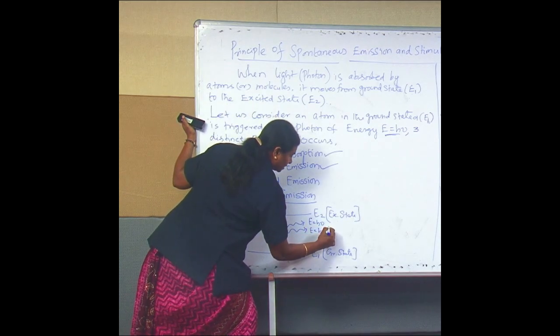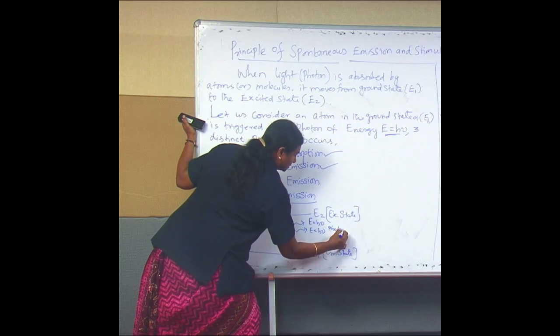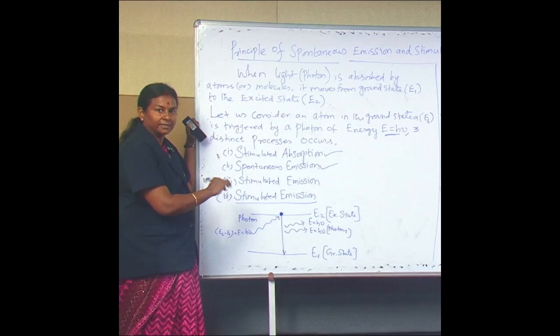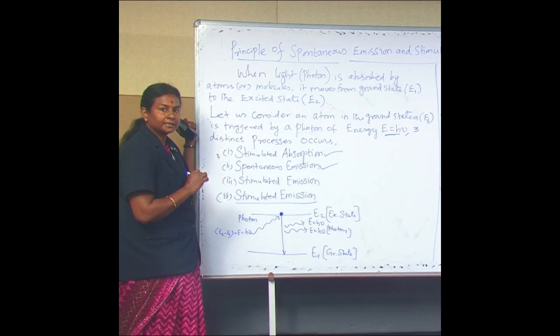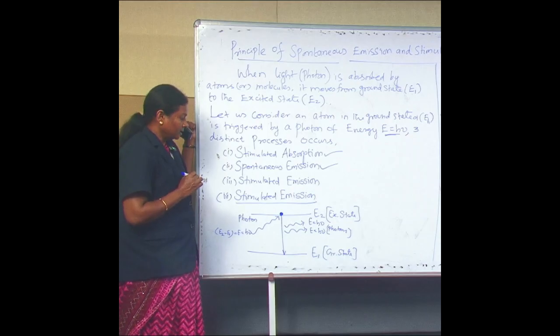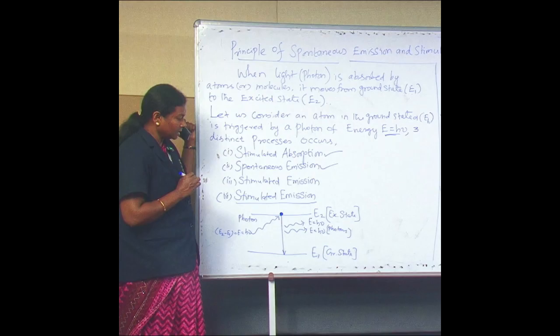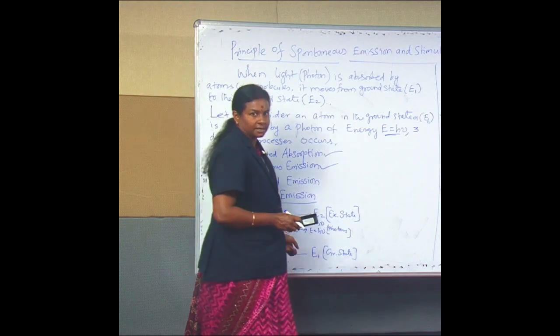So, these are photons with the same energy, all in phase, and directionality is also high. So, this is going to be a key process for the occurrence of laser beam, stimulated emission. Next, what we have to do? We have to describe this process.